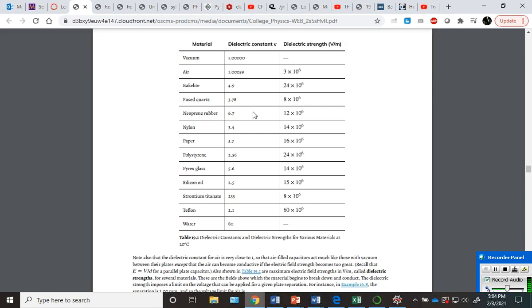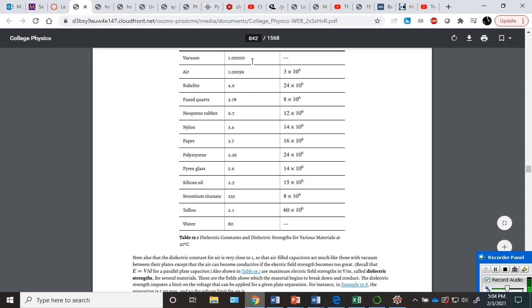But there are plenty of materials, neoprene, nylon, polystyrene, silicone oil, Teflon, even water, that have dielectric constants other than 1. Notice that all of these dielectric constants are greater than 1. Vacuum has the smallest dielectric constant, exactly equal to 1.